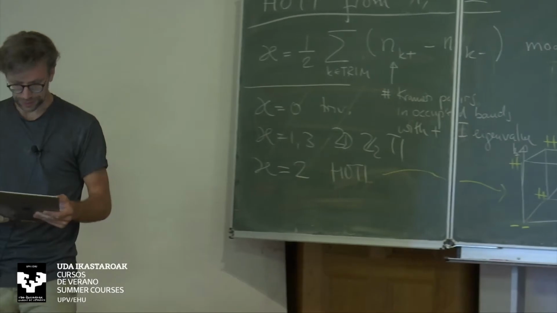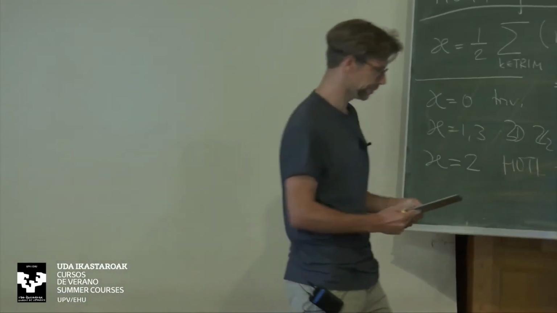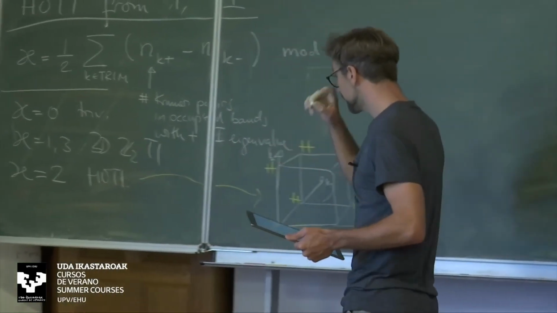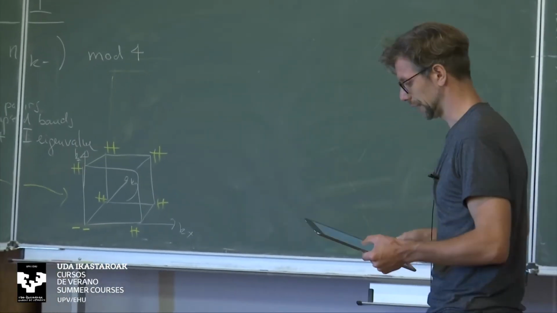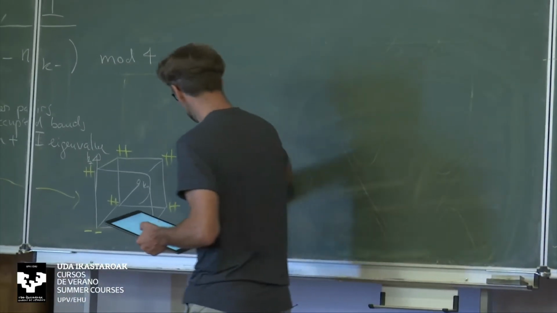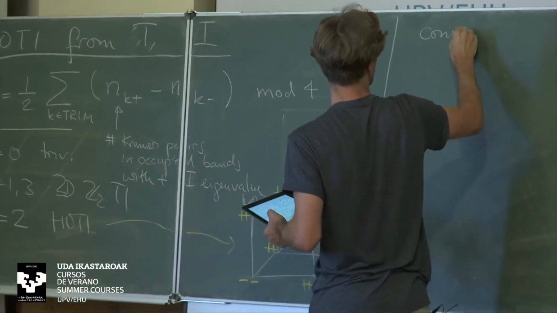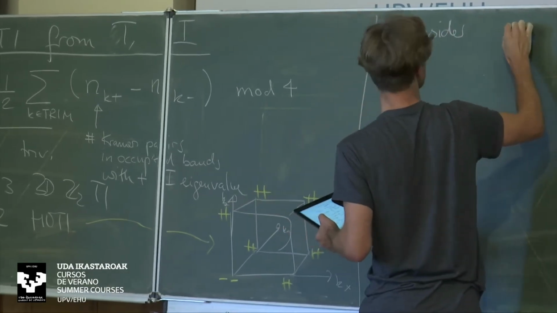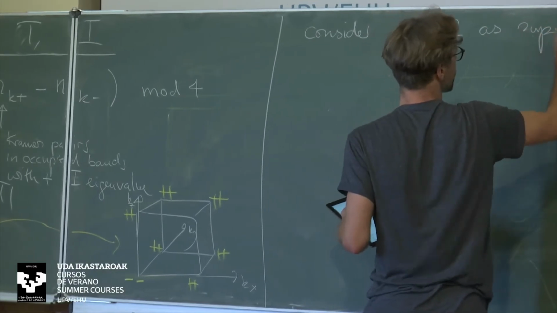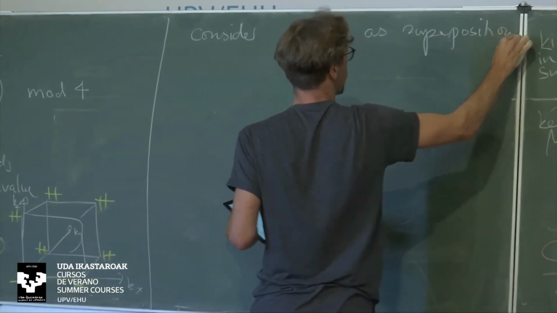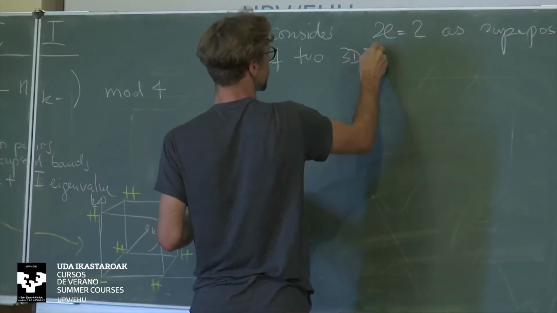Okay, so why is this so? I should motivate that, and I have enough time to do that. And we're going to motivate this from what we know about 3D topological insulators. So we consider the case kappa equal to 2 as a superposition of 2 3D TIs.